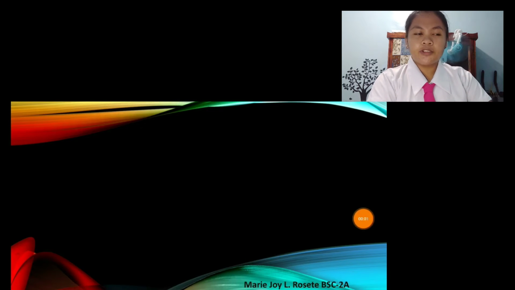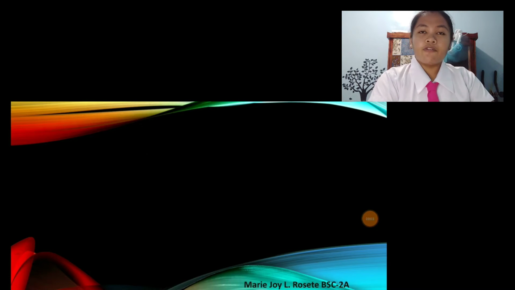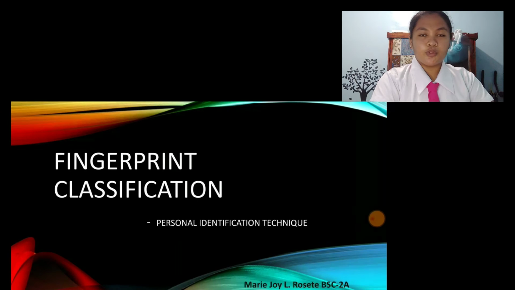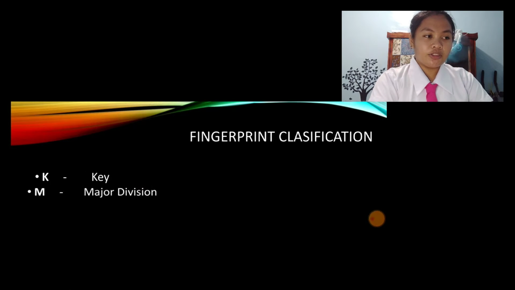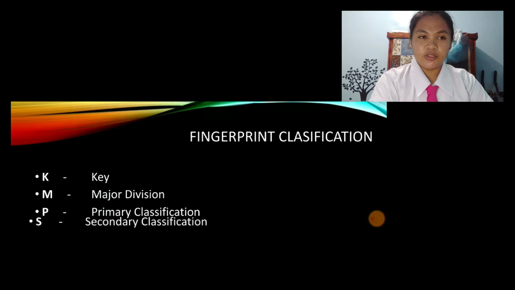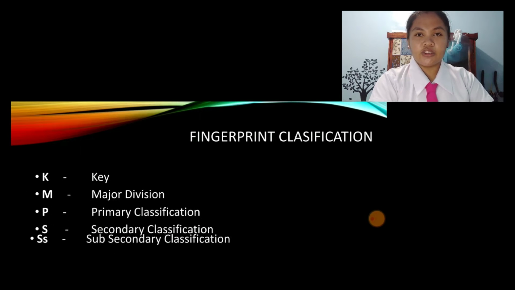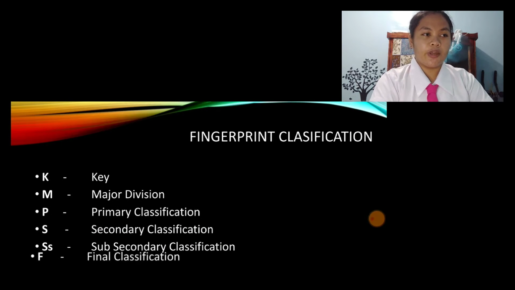So, fingerprint classification. Fingerprint classification is composed of key, the major division, primary classification, secondary classification, sub-secondary classification, and the final classification.